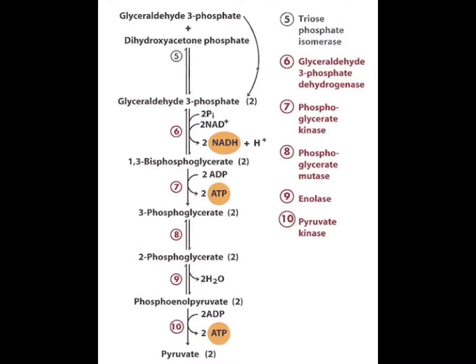The preparatory phase consists of the first step of glycolysis in which glucose is enzymatically phosphorylated by ATP to yield fructose 1,6-bisphosphate. This fructose 1,6-bisphosphate is then split in half to yield 2 molecules of 3-carbon containing glyceraldehyde 3-phosphate or dihydroxyacetone phosphate.